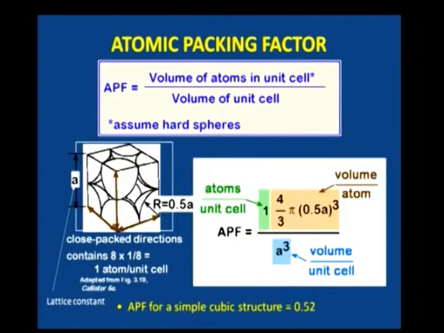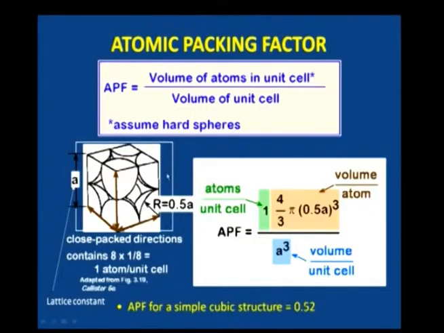The two important factors which I have been mentioning about the calculation of the packing fraction, or the packing factor, are the following. One is that, for any given cell, the effective number of atoms per cell should be known. That is, the effective number is 1 for the simple cubic structure.